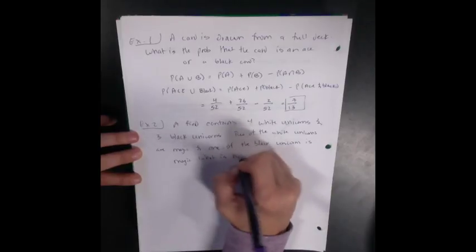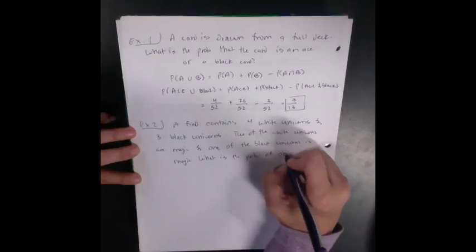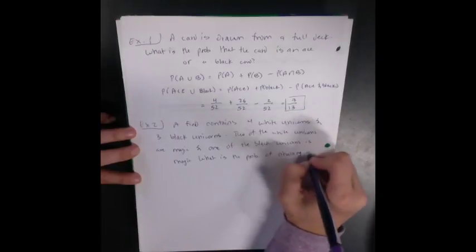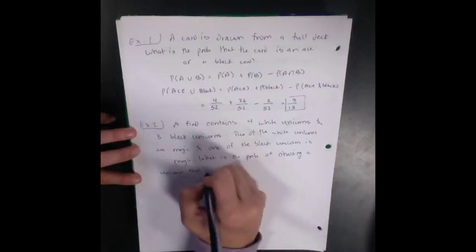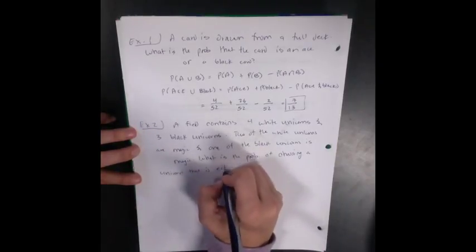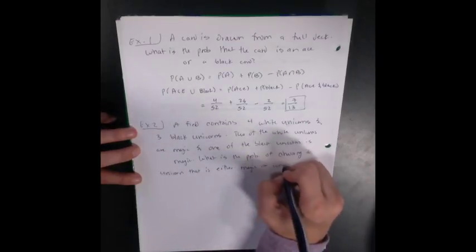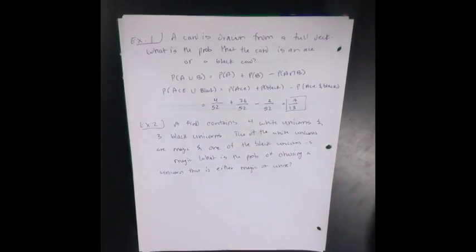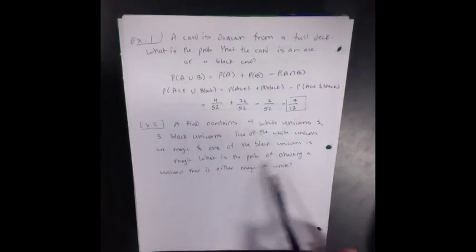What is the probability of choosing a unicorn that is either magic or white?